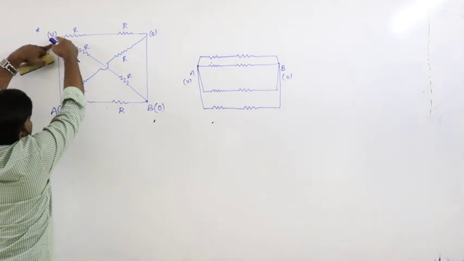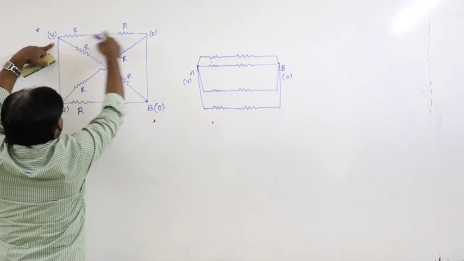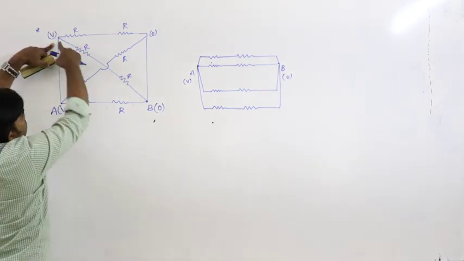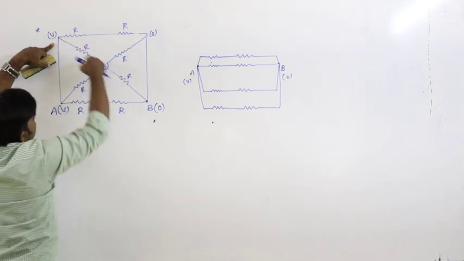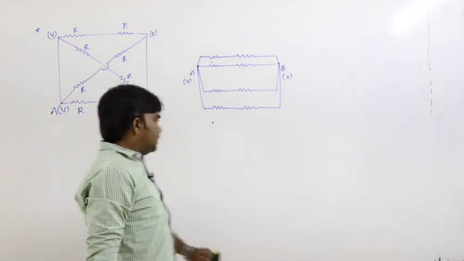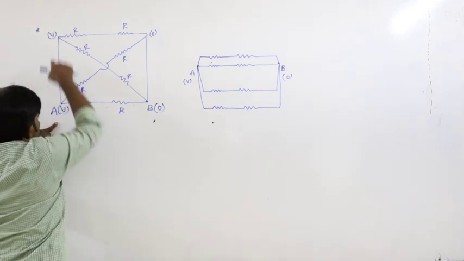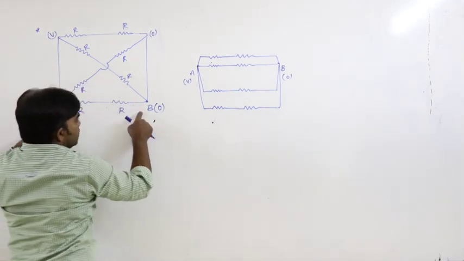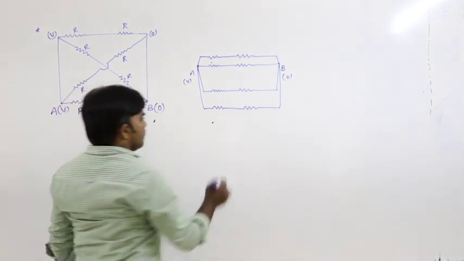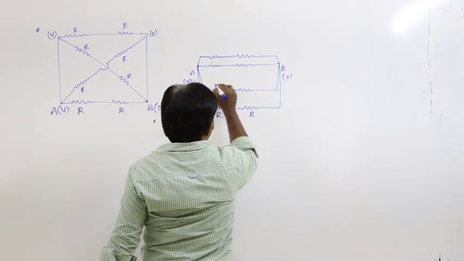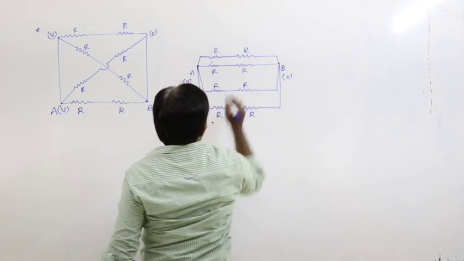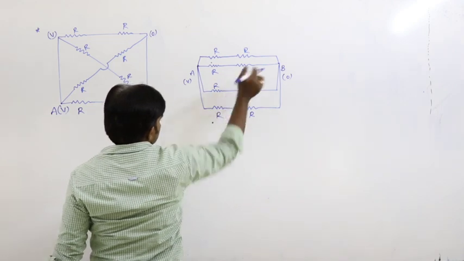So that's why here two resistances between V and 0, here also two resistances between V and 0, that means all must be in parallel, because the potential here and here is the same. So this is R, so 2R, 2R, 2R, 2R.